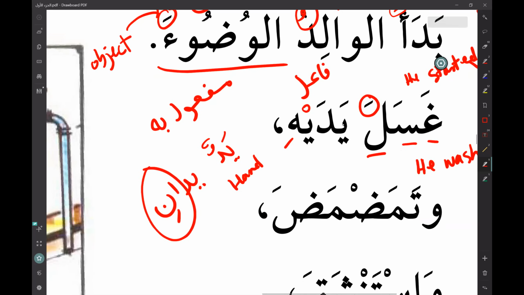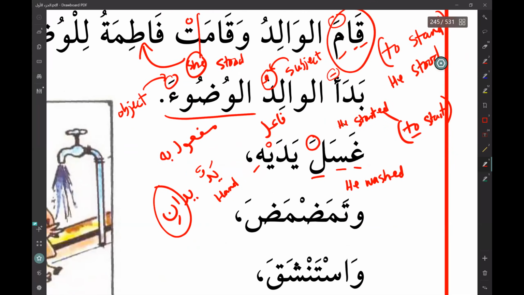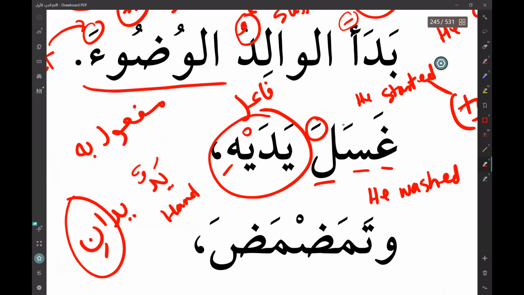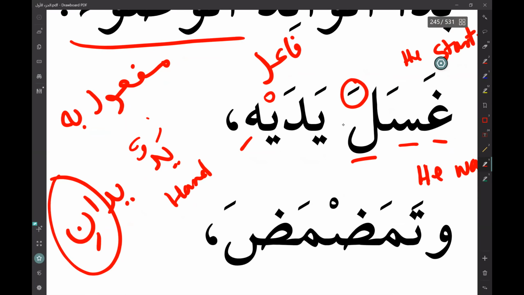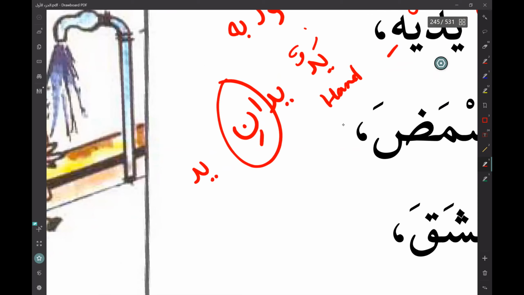I don't actually remember how much we talked about this concept because this form is a little bit difficult to explain, but let me just explain what's happening here. Yad is one hand, but yadayhi. How would you say his hand, his one hand? You will say yaduhu, or if it's in the fatha form, you will say yadahu. That would mean his one hand.